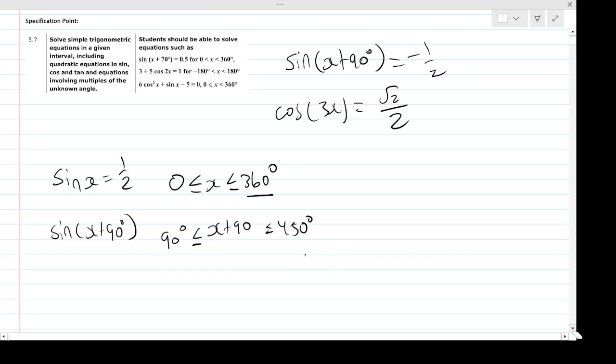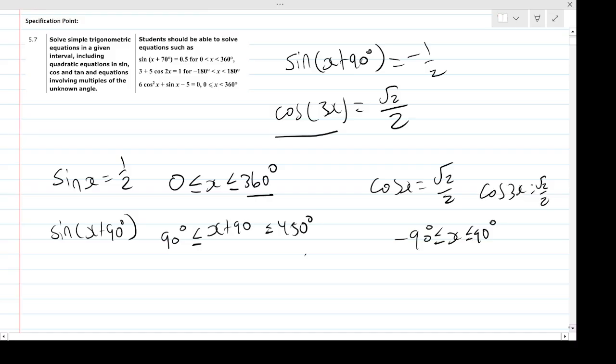Say for example we had cos of 3x. Say we were to solve cos x is root 2 over 2, between minus 90 and positive 90 degrees. So now let's say we're solving cos of 3x is root 2 over 2, with x between minus 90 and 90.